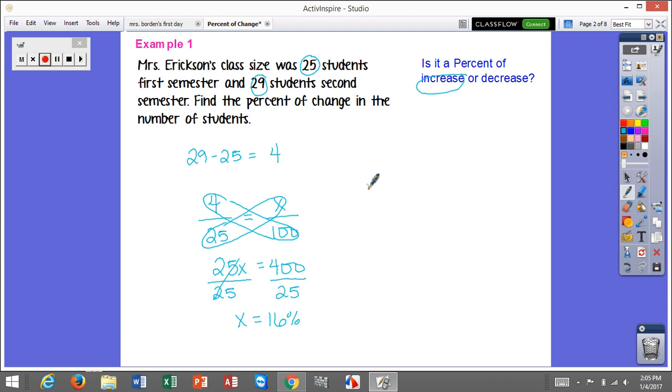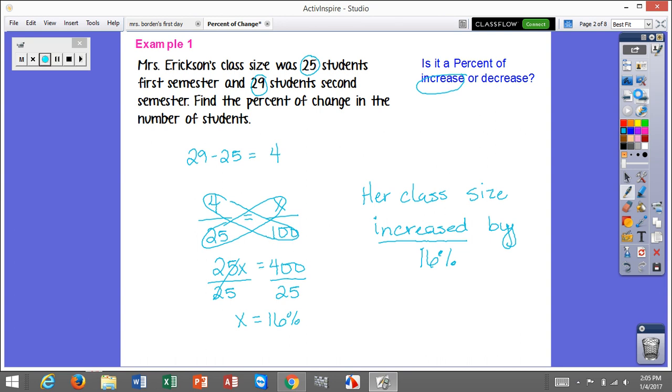And so we can answer in a complete sentence and say that her class size increased by 16%. You need the word increased or decreased to indicate what that percentage is representing.